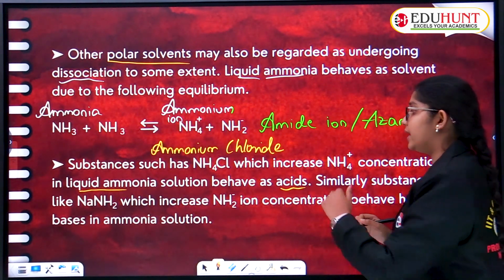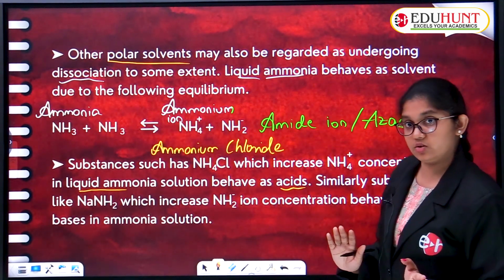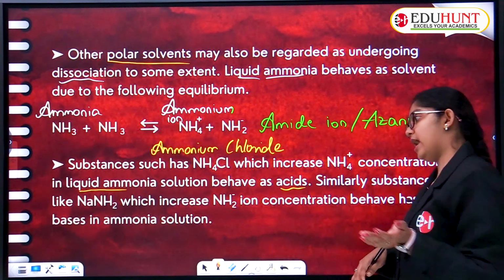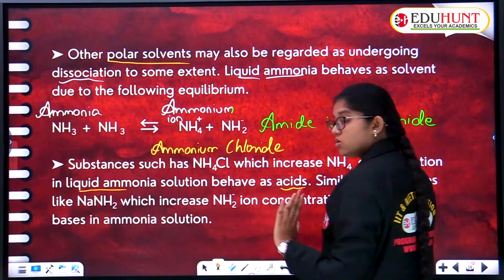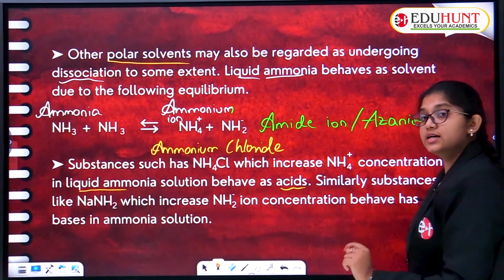So in that case also we can regard polar solvents and derive acids and bases, children. Not only H3O plus ions and OH minus ions, we also have these. If there is liberation of NH4 plus ions, ammonium ions, those behave as acids.